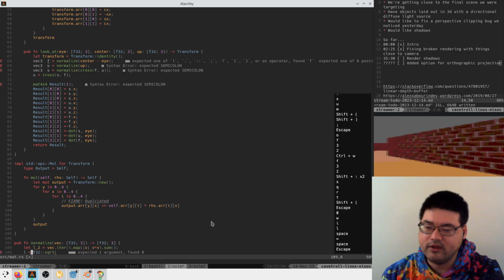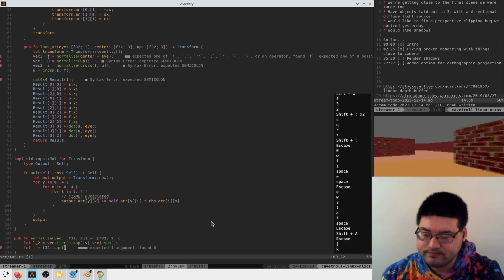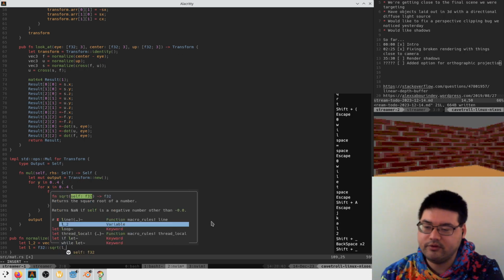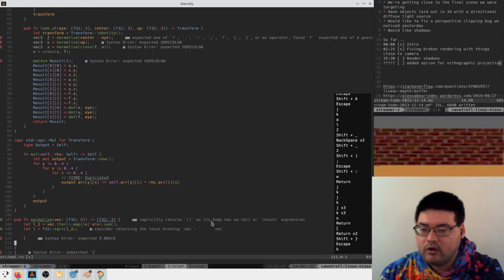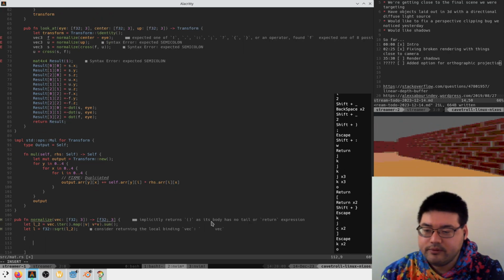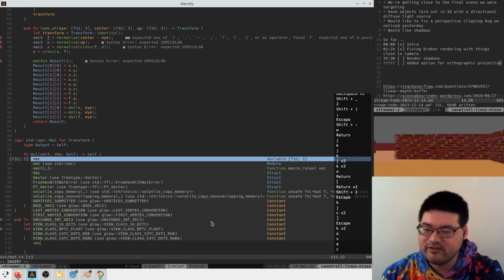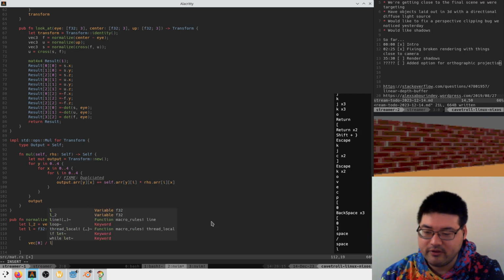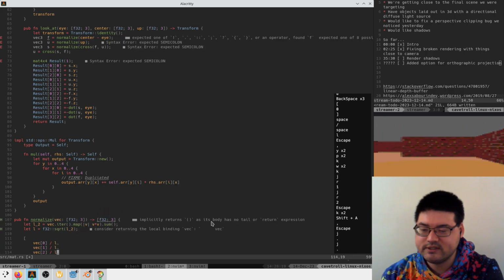I guess the length is the square root of all of these guys. This, and then we just return each of the elements divided by the length, like this.